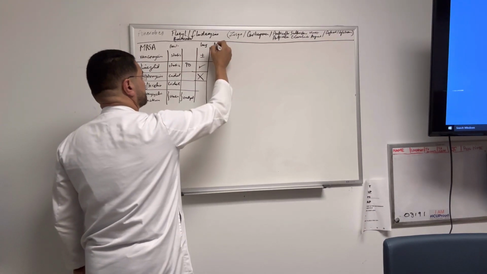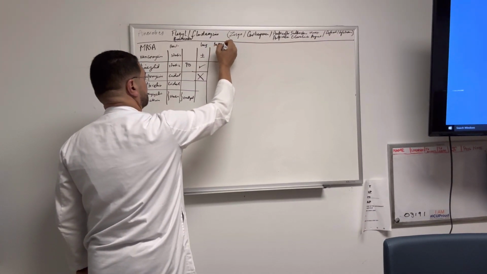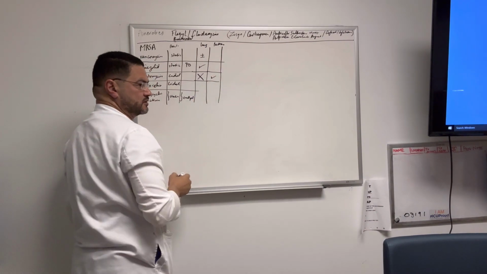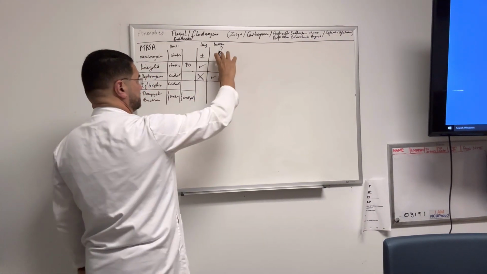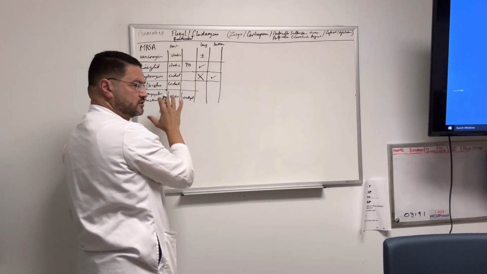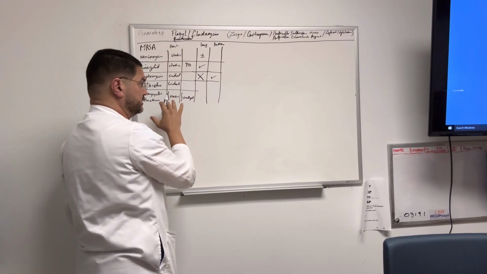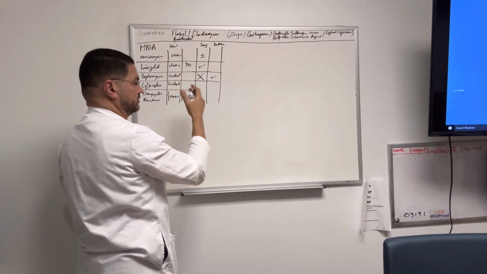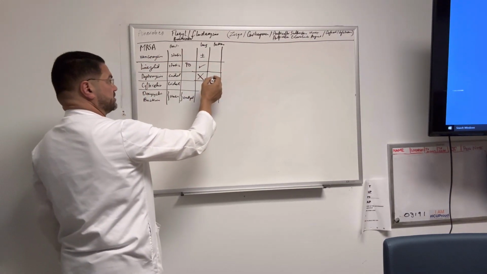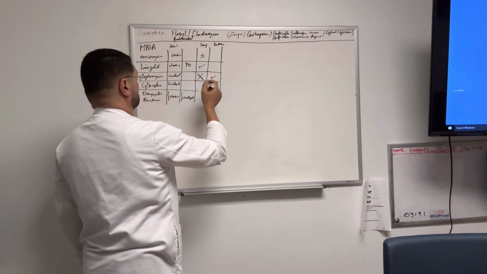Which one of them is the best for bacteremia? The best for bacteremia is daptomycin. I'm comparing these three together. I'm not comparing ceftaroline yet because it's so expensive and so restricted that we're going to talk about it by itself. But daptomycin covers bacteremia very well, right?